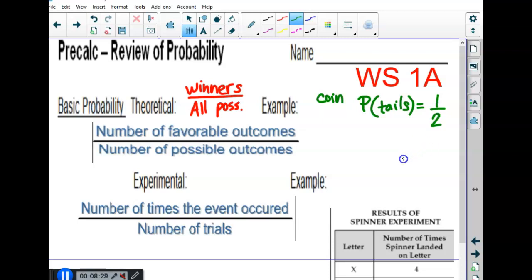Does that make sense? Now, the other one that's very common is to talk about a die. I believe the SAT refers to it as a 6-sided number cube, but it's numbered 1 through 6, okay? So what is the probability that we roll a 2? 1 out of 6. Make sense?